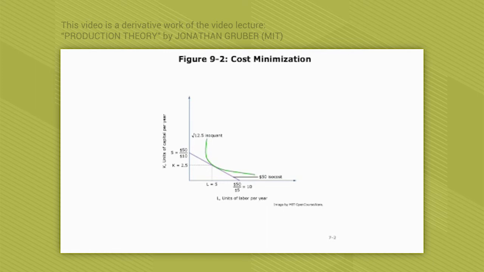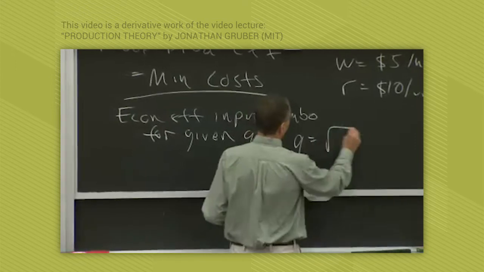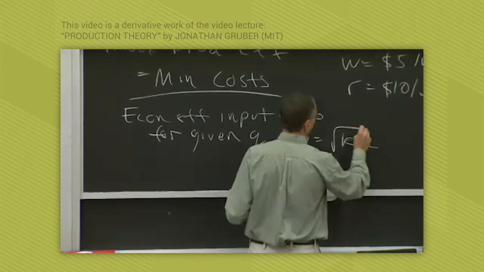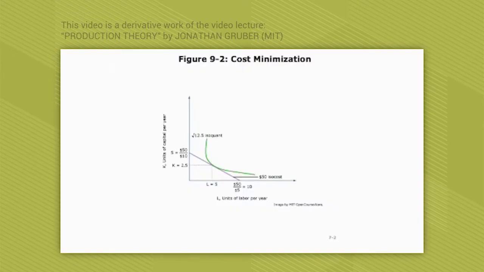Here we're going to use the same production function we had before, where we assume that Q equals the square root of K times L. So same production function we had before, which gave a series of isoquants last lecture. Okay?